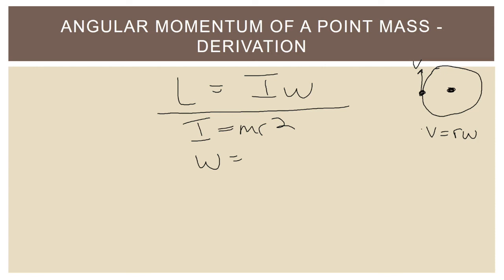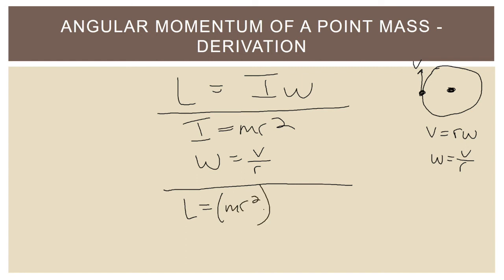And so that means if we solve this for omega, like we were doing a lot for the ramp rolling, we get omega equals v over r. Plugging both of those into the equation gives us L equals I, which is m r squared, times omega, which is v over r. And it cancels. And so what we end up with is a nice, neat, tidy little equation: L equals m r v.